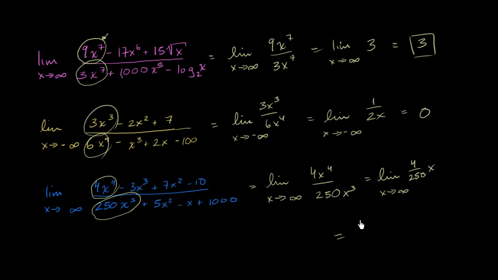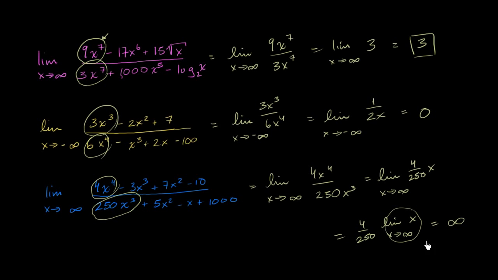Or we could even say this is going to be 4 250ths times the limit as x approaches infinity of x. Now what's the limit of x as x approaches infinity? Well, it's just going to keep growing forever. So this is just going to be infinity. Infinity times some number is going to be infinity. So the limit as x approaches infinity of all of this is actually unbounded.